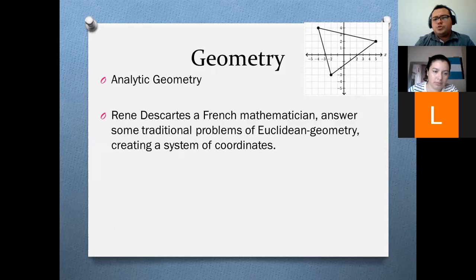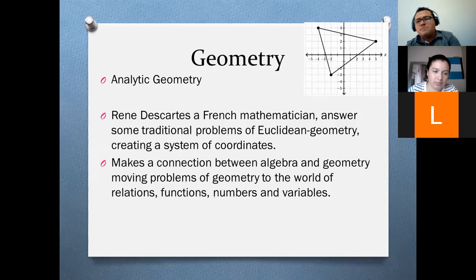And he proposed some problems of the Euclidean geometry in this context, the context of points in the coordinate plane. So essentially, the analytic geometry used elements of algebra and moved those to something simple to describe these problems that we're having in the Euclidean geometry.